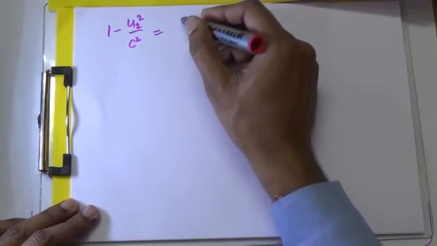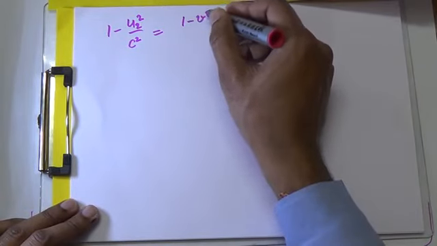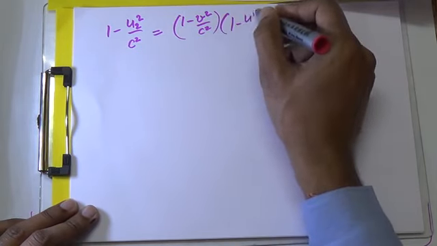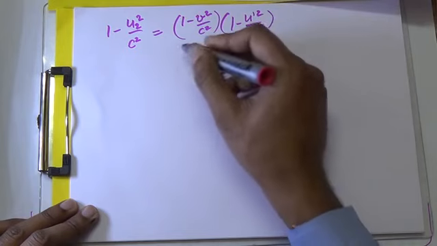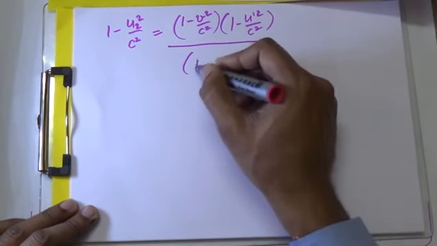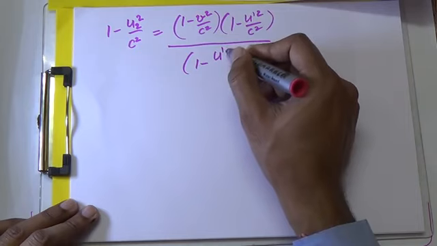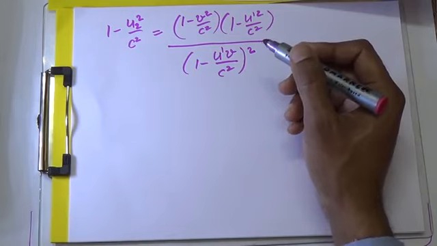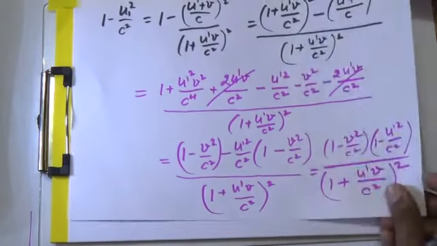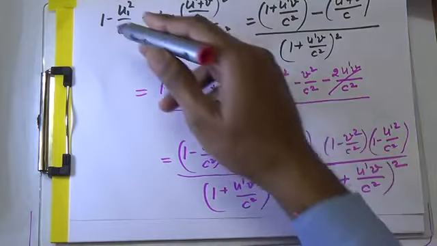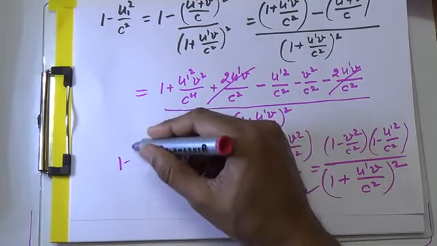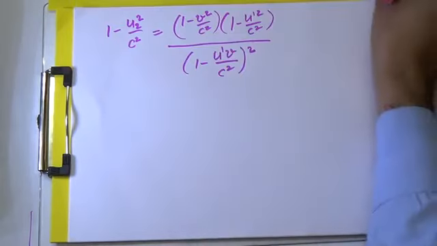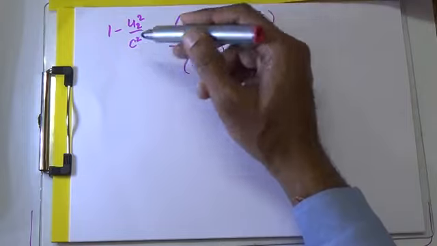That will be 1 minus v square upon c square, 1 minus u prime square upon c square, over 1 minus u prime v upon c square whole square. So now we got both the results, for 1 minus u1 square upon c square, and for the second one 1 minus u2 square upon c square.